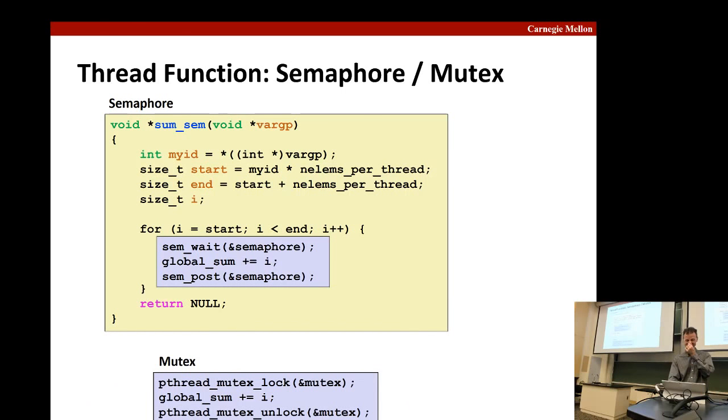All right, so let's try putting a semaphore around this. At least this becomes atomic: when I'm adding i to the global sum, no one else is updating global sum at the same time. Alternatively, we can use the mutex, just the binary version of the semaphore.